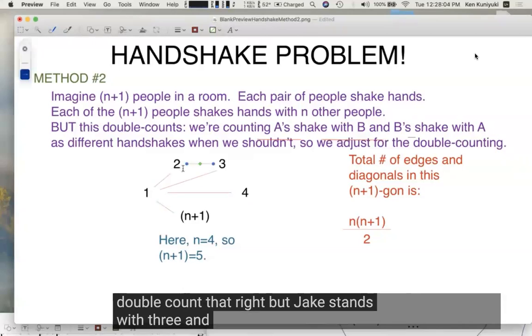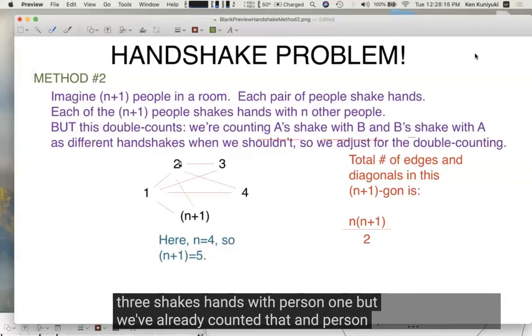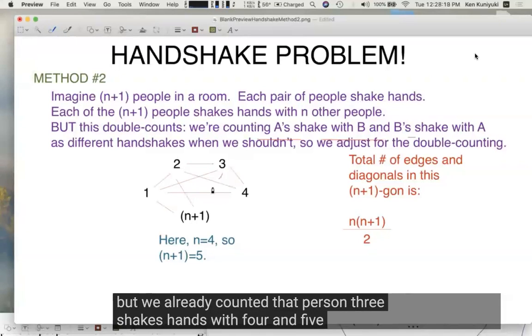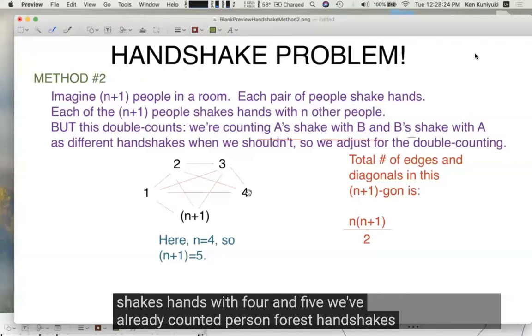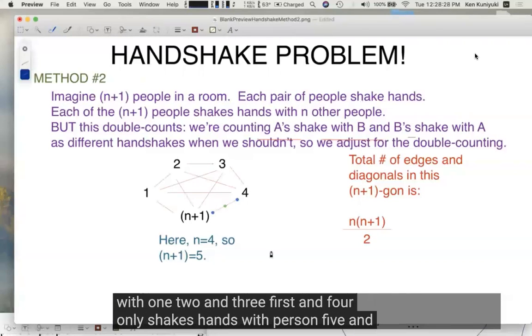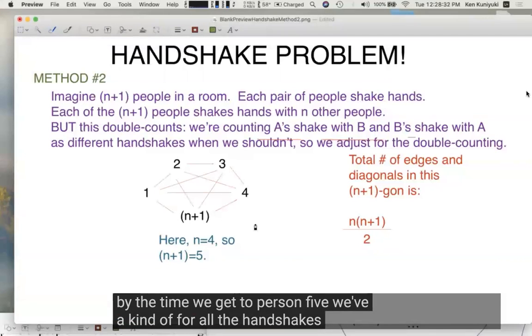But shakes hands with 3 and 4 and 5. Person 3 shakes hands with person 1, but we've already counted that, and person 2, but we've already counted that. Person 3 shakes hands with 4 and 5. We've already counted person 4's handshakes with 1, 2, and 3. Person 4 only shakes hands with person 5. And by the time we get to person 5, we've accounted for all the handshakes.